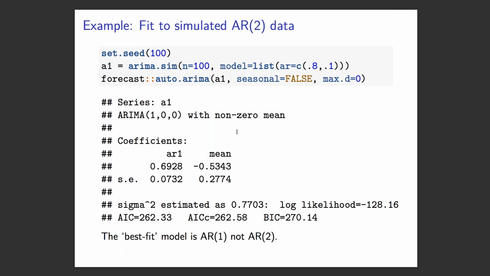Okay, so back up just a little bit. You notice arima.sim doesn't have any package name in front of it. That means that it's just base R. In this case, it's stats, but stats is part of base R. Okay, so we have n, the number of data points, and then our model is a list that is the AR part and the MA part.